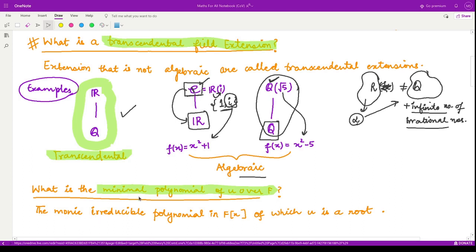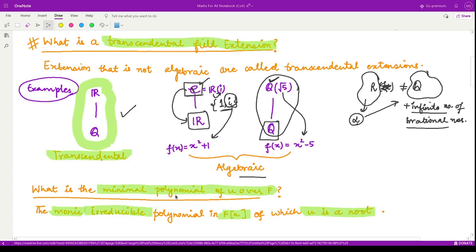They are saying the minimal polynomial of u over F is basically the monic, meaning the leading coefficient of that polynomial is equal to 1, and irreducible, monic irreducible polynomial in the polynomial ring of which u is a root. That is known as the minimal polynomial of u over F.